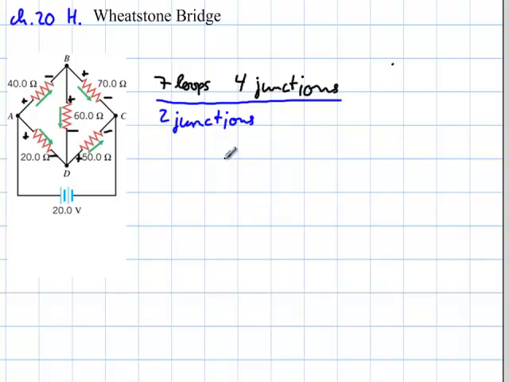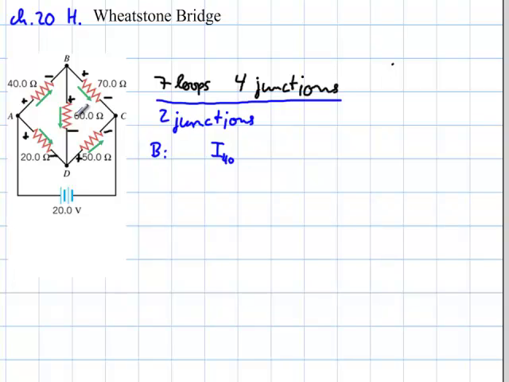Through the junction B, I have a current of I-40 going in, and I have a current of I-60 going out and I-70 going out.